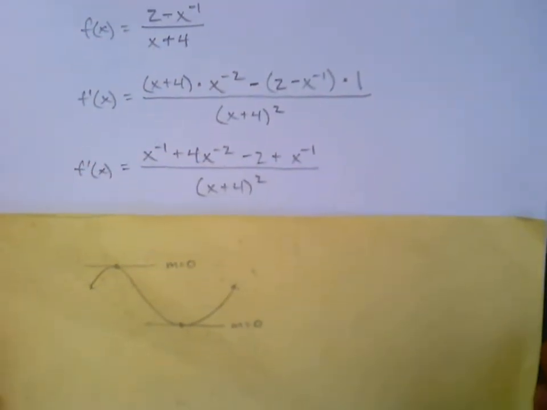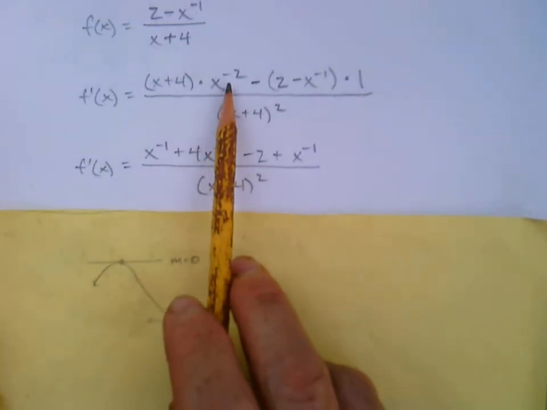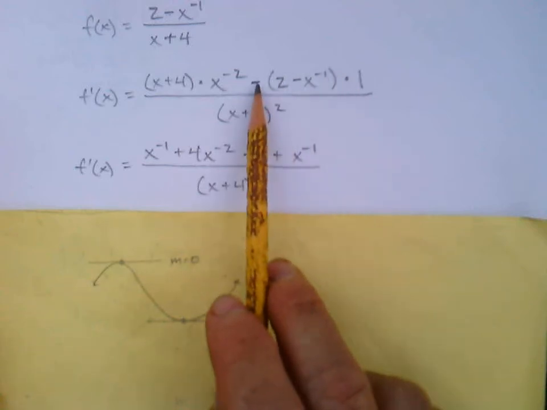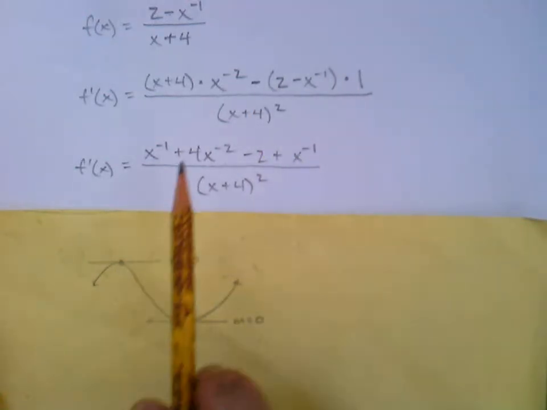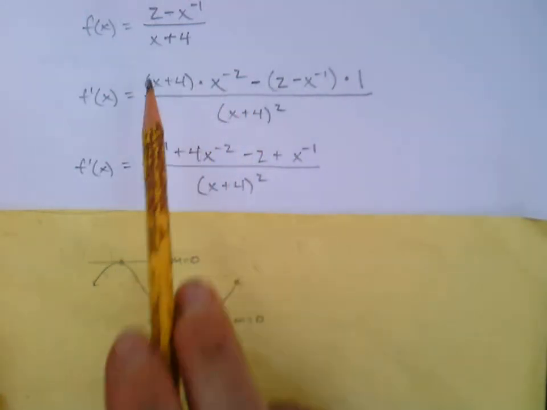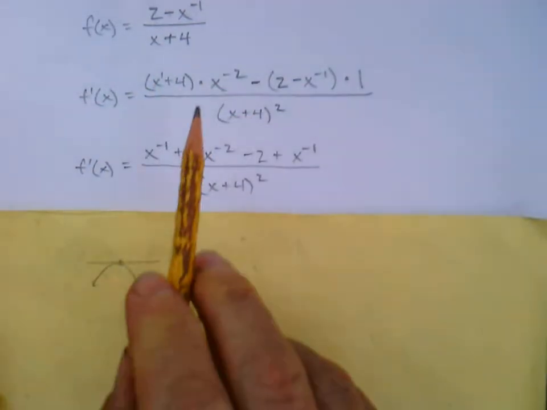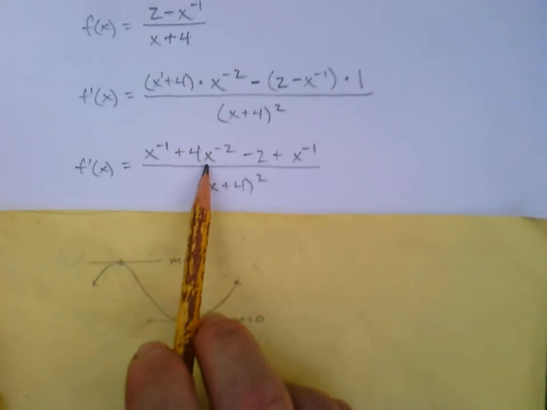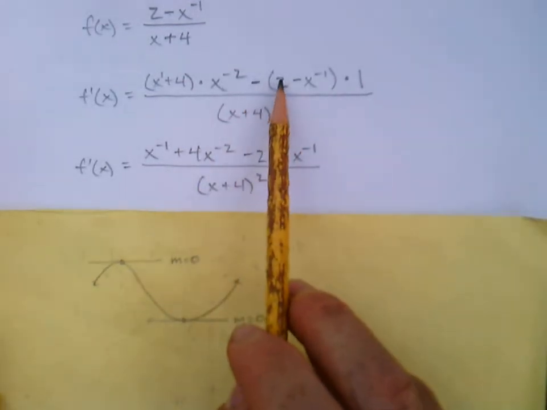Okay, so let's go on. Here, not a whole lot happening. I'm just distributing my x to the negative 2 and distributing this minus sign. Multiplying x to the negative 2 by x to the first, add the exponents, get x to the negative 1, and then it goes on, plus 4x to the negative 2. And then the negative distributes.